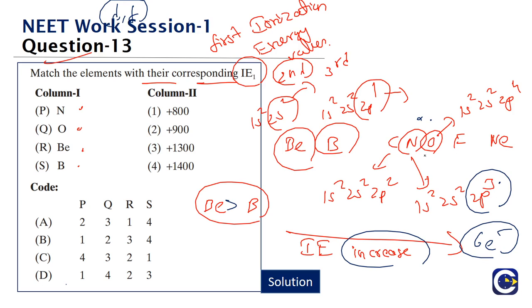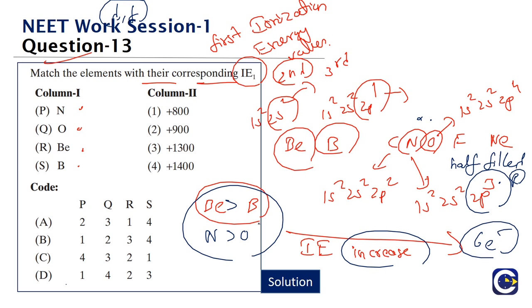So removal of an electron from nitrogen will be a little bit more difficult than removing it from oxygen, because nitrogen has a half filled p structure. So nitrogen will be more than oxygen. Generally when we move from left to right, it must increase.